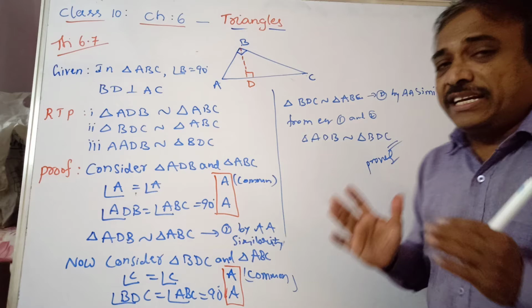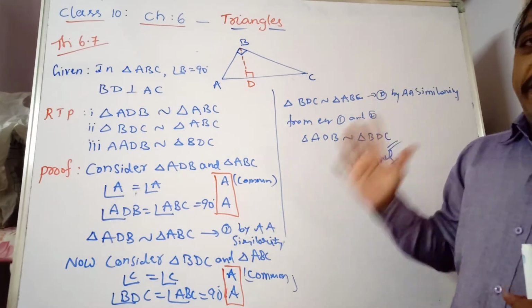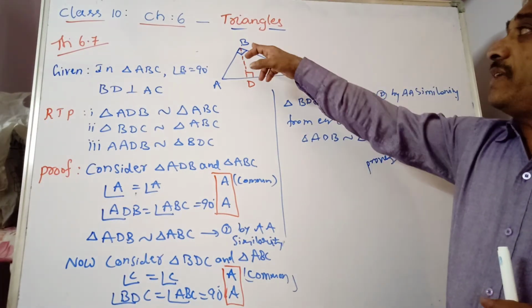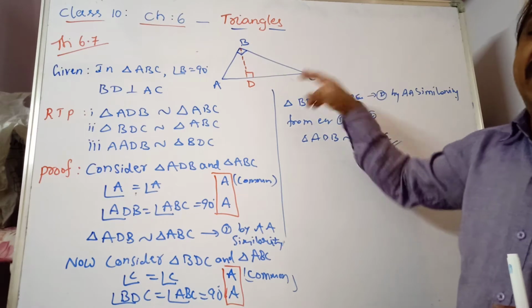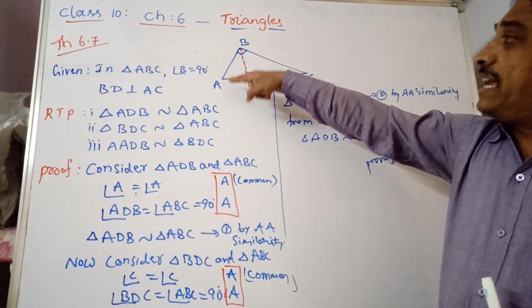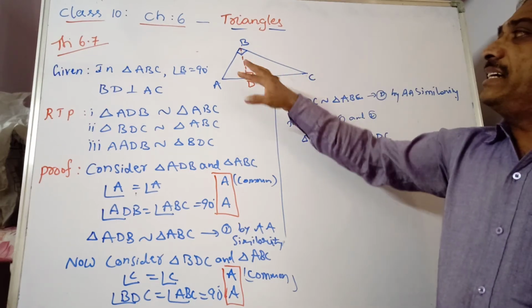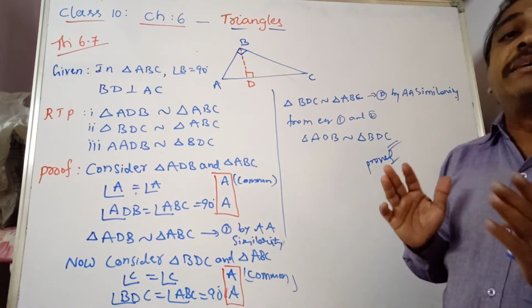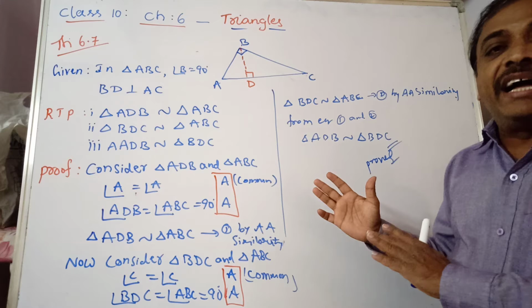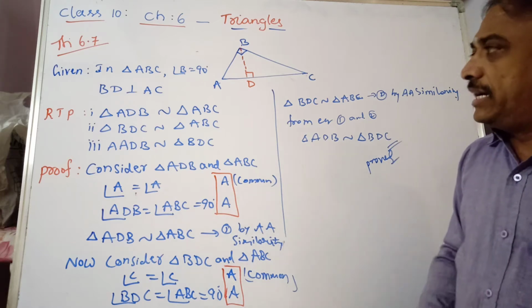What is asked in the statement? If a perpendicular is drawn from the vertex of the right angle of a right triangle, then the triangles on either side of the perpendicular are similar to the whole triangle and to each other.